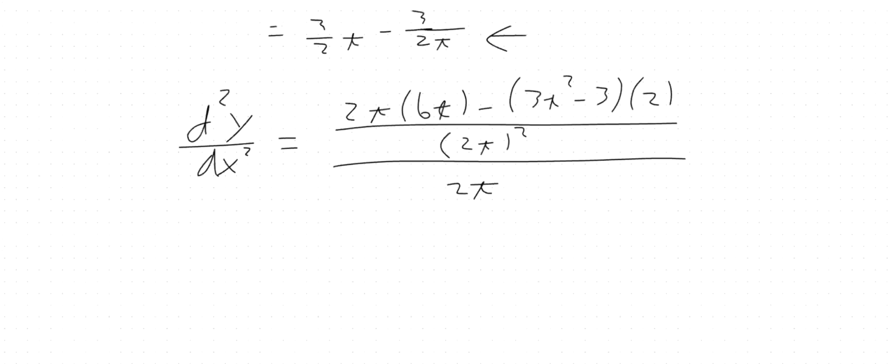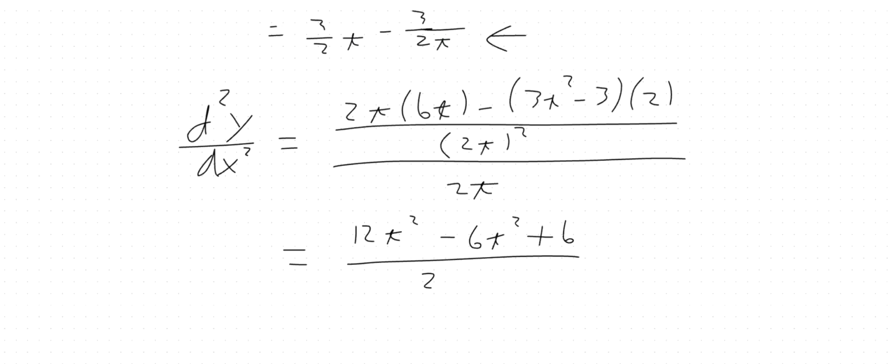Now simplifying this, we would get 12t squared minus 6t squared plus 6, all over 2t, and then that's going to be cubed.